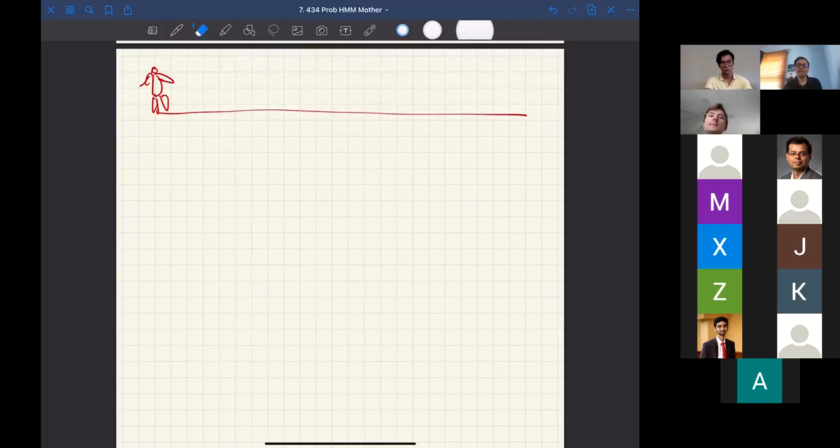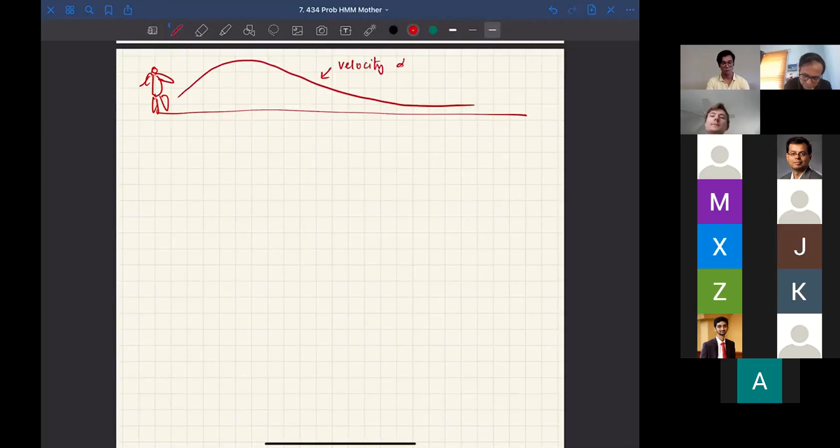So we will say we have a velocity distribution, let's say, that looks like that. This is the velocity distribution of the robot. Which means what? This is the most likely velocity. This velocity is low probability. This velocity is very low probability.